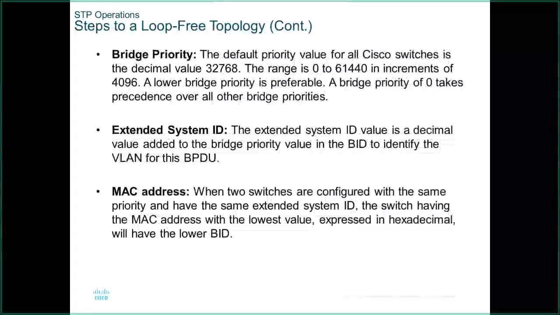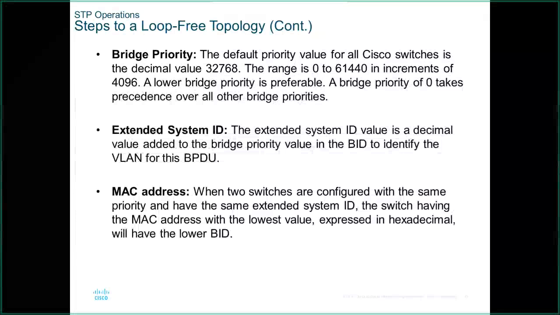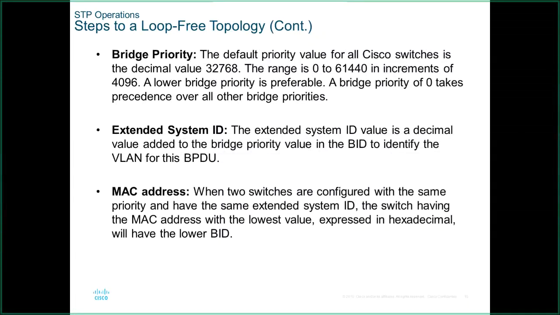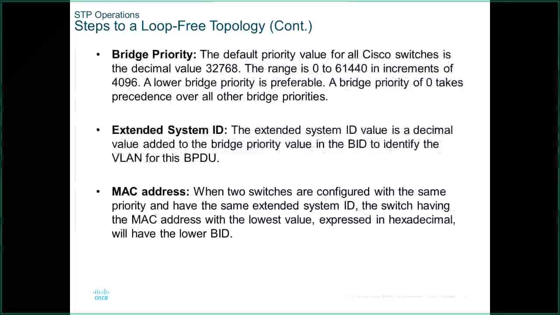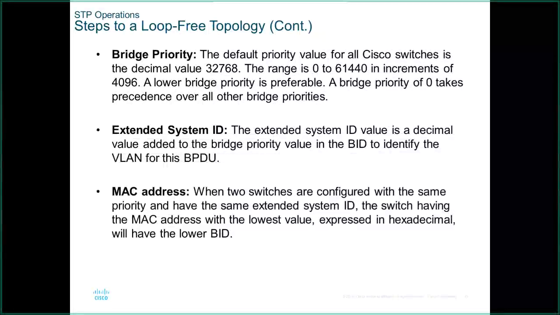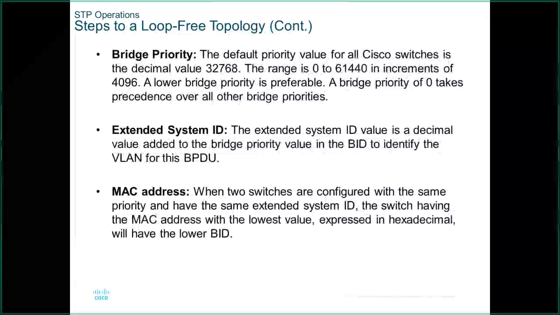Now, Cisco uses an extended system ID, which it adds to the default bridge priority, and this is the VLAN that it's running on. It's just a little quirk that they do. So for every VLAN that's running, you can create a separate priority. We'll get into that later.